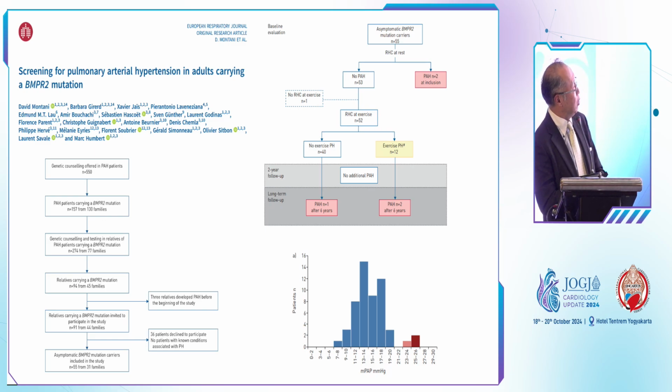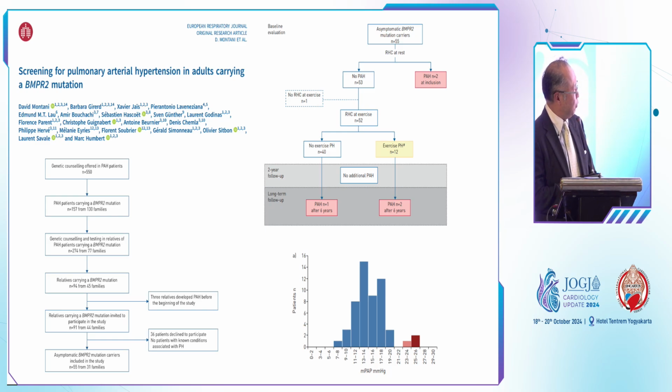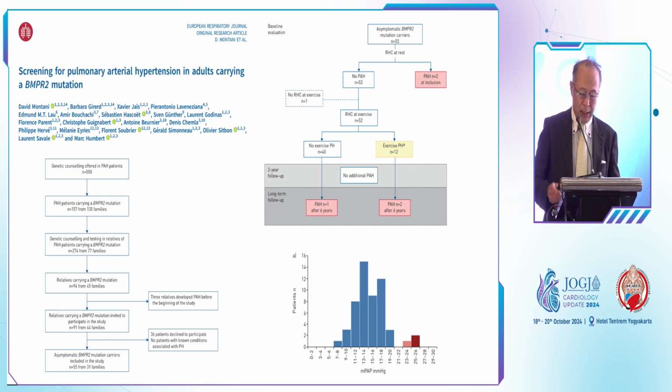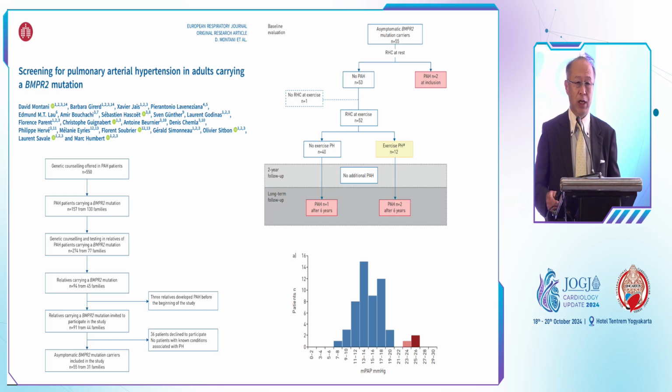This group collected the PAH patients and checked the genetic mutation in BMPR2, and selected, actually not patients, but relatives carrying BMPR2 mutations and asymptomatic. So they have no symptoms at all, but they have BMPR2 mutations, and they performed right heart catheterization to check the hemodynamics.